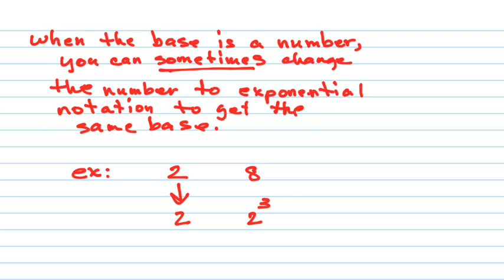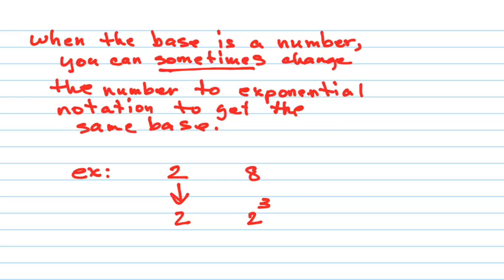Now they're the same base, so we can use those rules. Now that doesn't look very impressive because you could just do 2 times 8. But you'll have some where you have variables as exponents, where this is going to look much more impressive. But I wanted to show you a very small example.